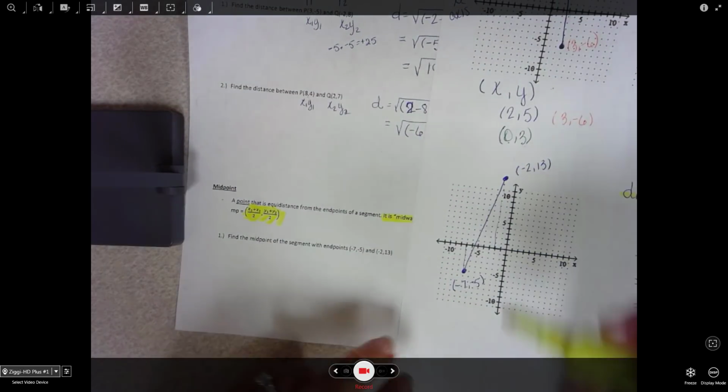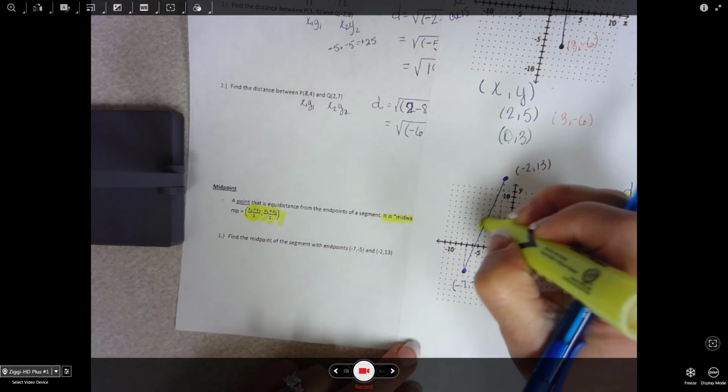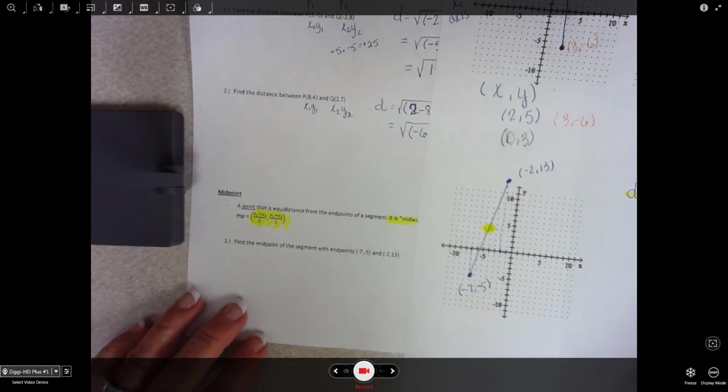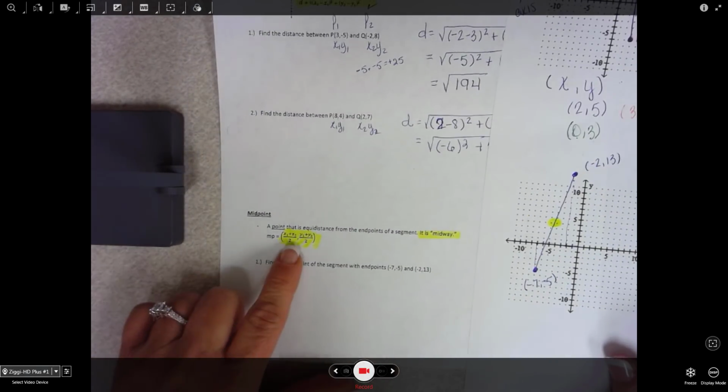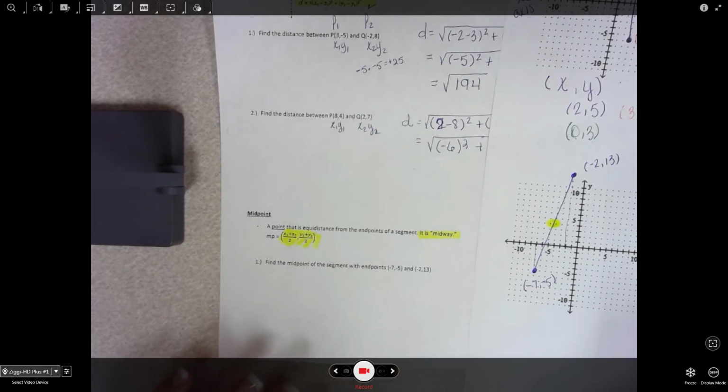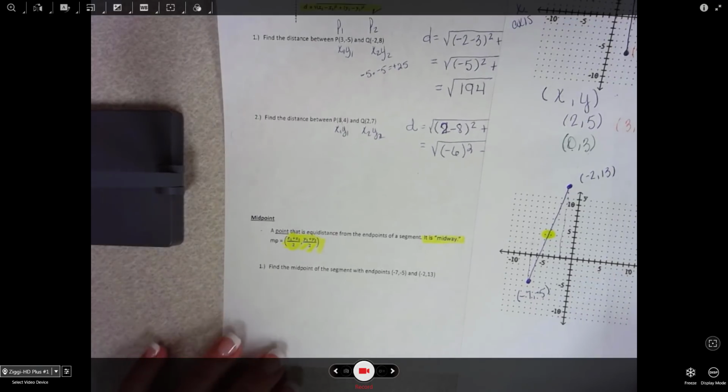And we want to know what the coordinates are of the point right there in the middle. We just follow our midpoint formula. Add the x's together, divide by 2 to get a new x. Add the y's together, divide by 2 to get a new y coordinate.